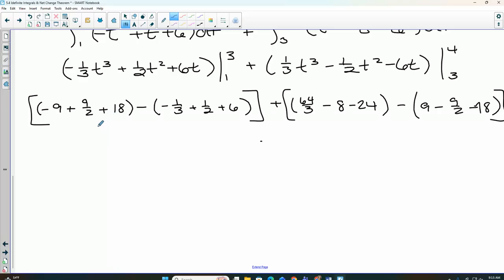I'm not going to work this out in my head. I'm going to cheat. And we get 61/6. And this one should be positive at the end. And if your particle moved backwards at all, the distance traveled will always be bigger than your overall displacement.